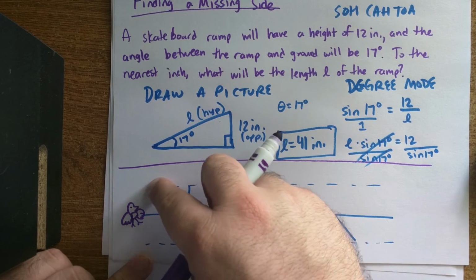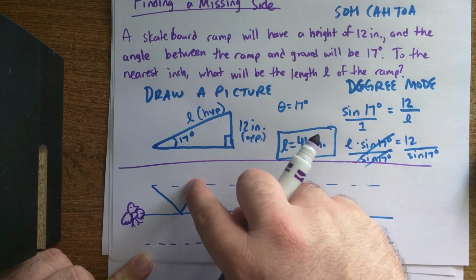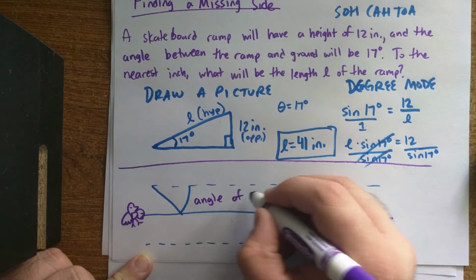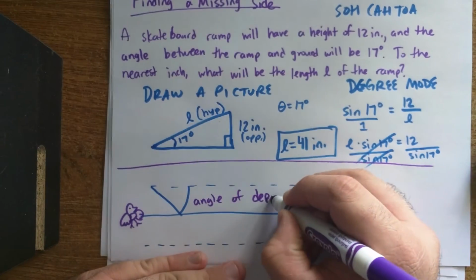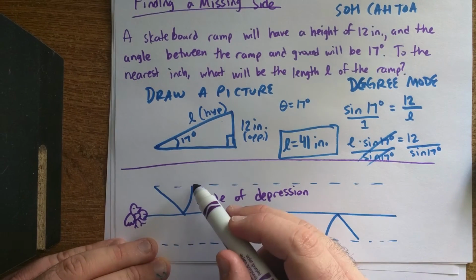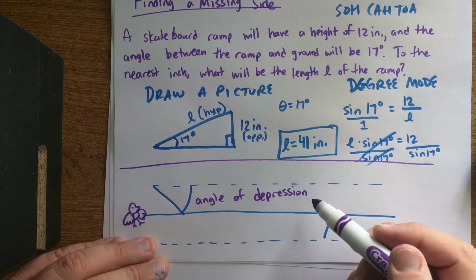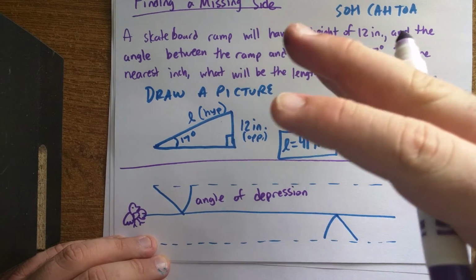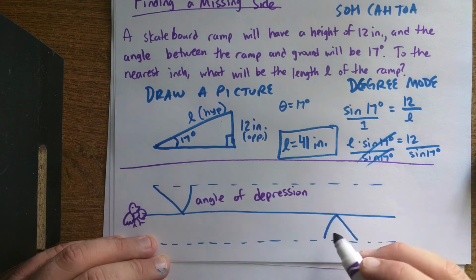When you have an angle that forms from this line down to here, this is called an angle of depression. When the angle is formed from the top going down like this, that's the angle of depression. Not sadness, that's not that kind of depression. Depressing sometimes just means going down.